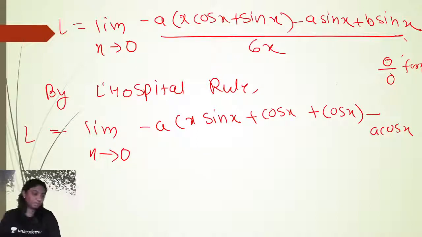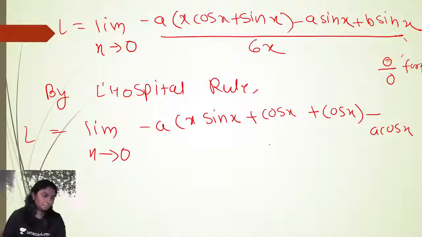you will get here plus b into cos x upon 6.